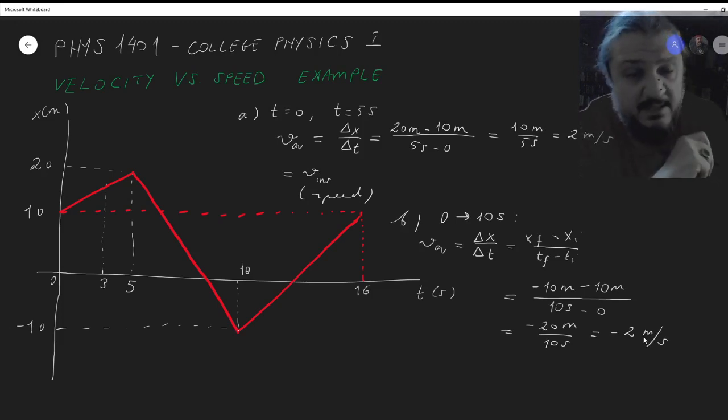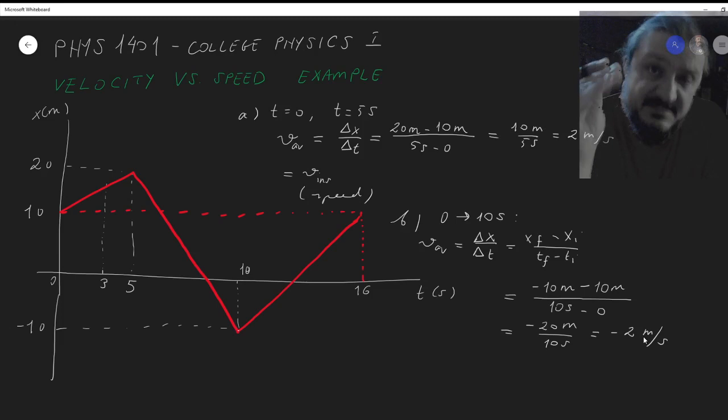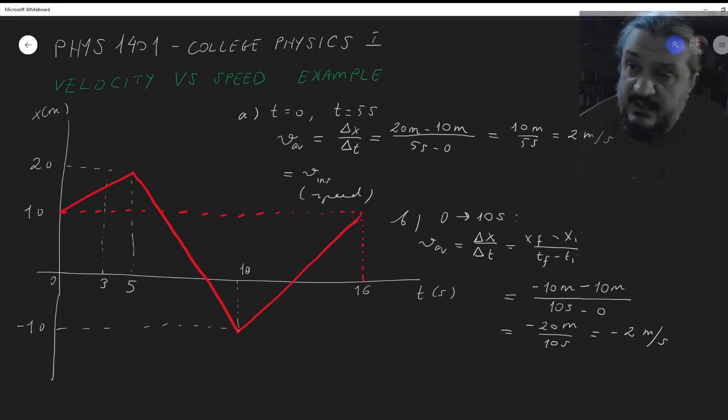Okay? So this is actually nothing but the slope of the line that would join the beginning and the end points for that interval, meaning this dashed blue line. The slope of this blue line is nothing but negative 2 meters per second.